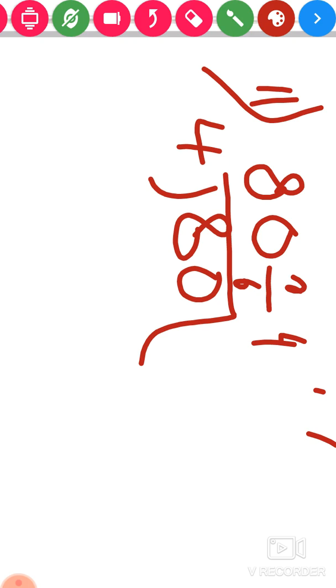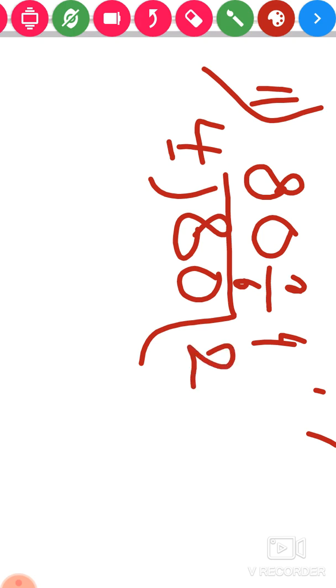Completed? Okay. First we will see whether we get 8 in 4's table or not. 4 twos are 8.